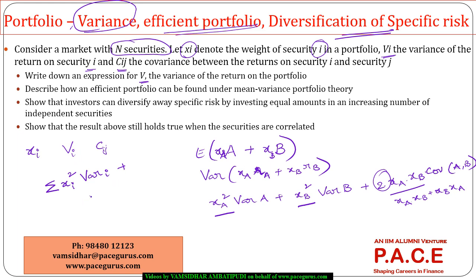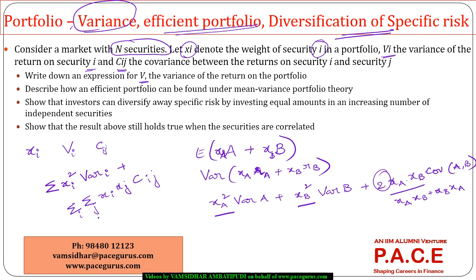With the same logic, it is sigma xi xj, wherein across all values of i and all values of j, I am taking all the combinations, and that has to be multiplied with the covariance between i and j.